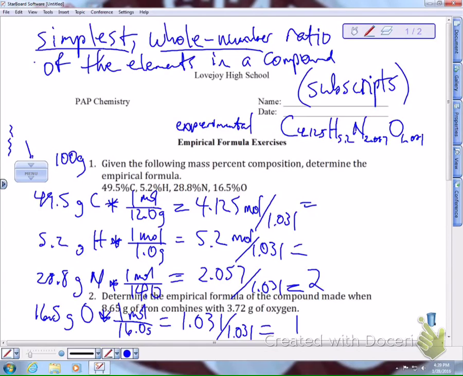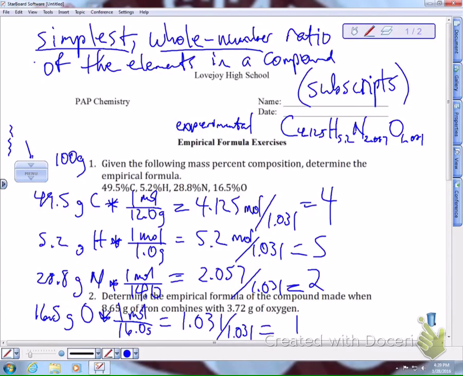Alright, moving on up to the hydrogen. 5.2 divided by 1.031 comes out to be 5.0436. Again, that's really close to 5. And then 4.125 for the carbon divided by 1.031 is 4.000, so really close to 4.